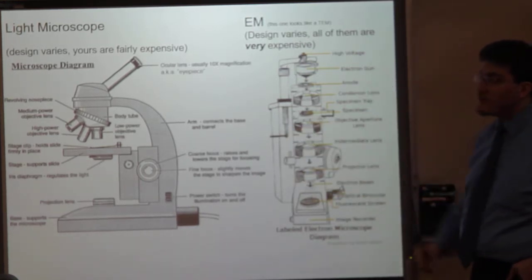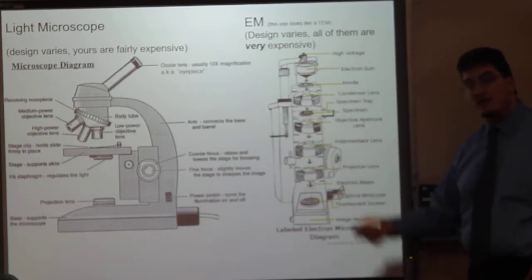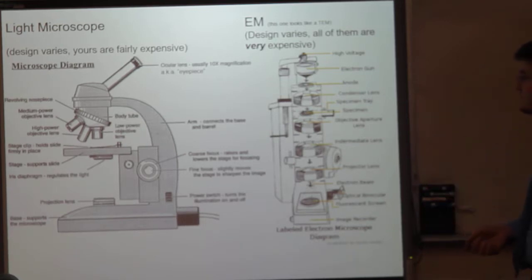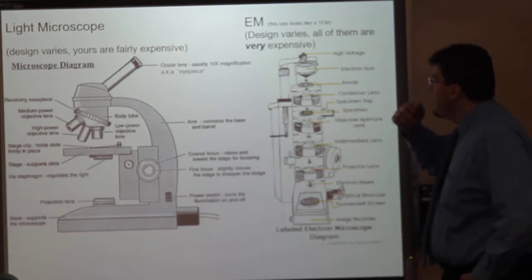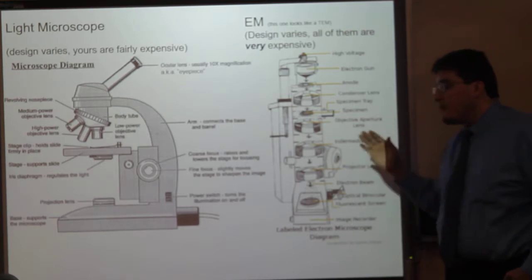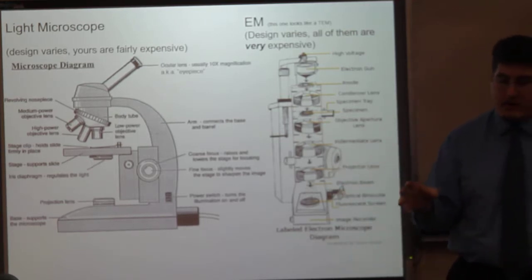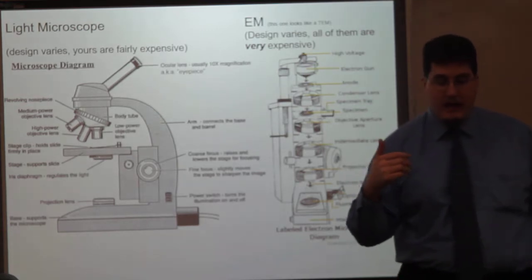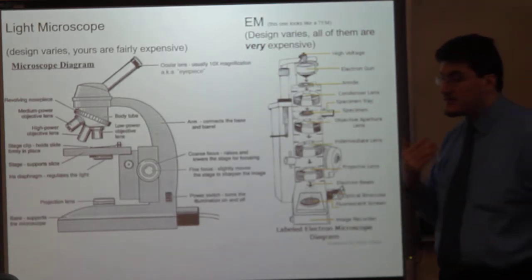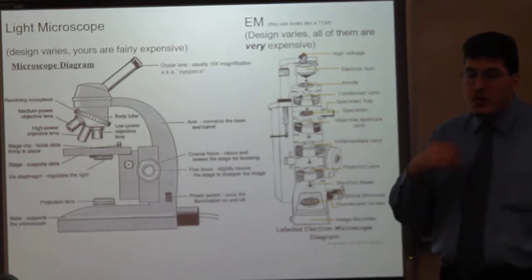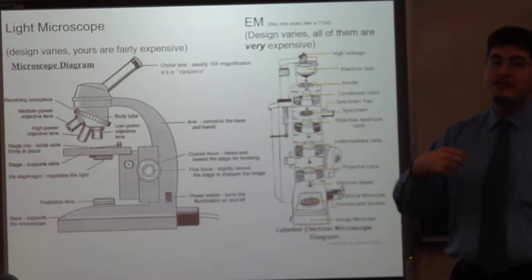Electron microscopes require specialized training. They are very expensive. They require a lot of power, a lot of electricity. So, this is a transmission electron microscope design, most likely, but because a transmission electron microscope uses electrons in order to view a specimen instead of light, you need to control and focus that beam of electrons instead of light.